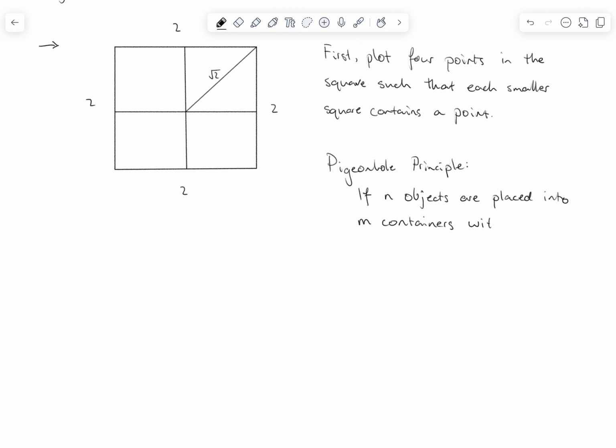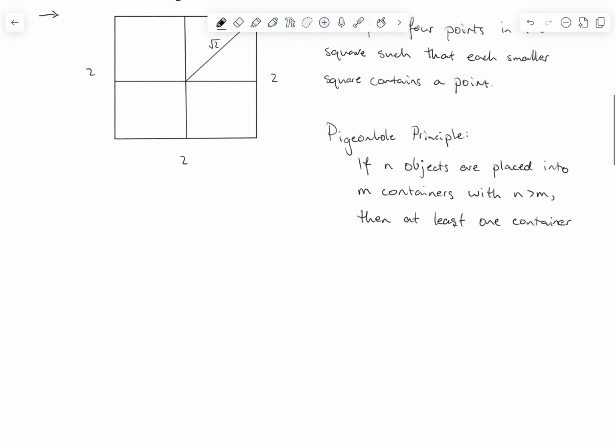And of course we have that the number of objects is greater than the number of containers, so with n greater than m, then at least one container must contain more than one object.